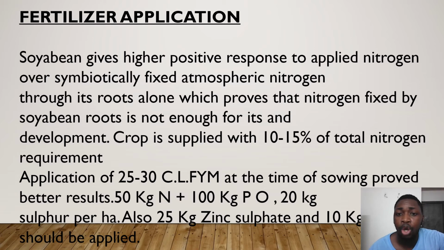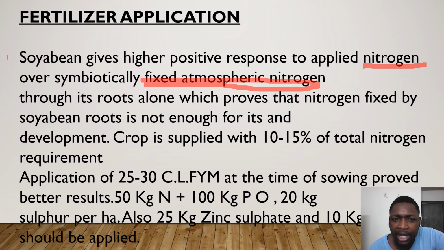Fertilizer application. Normally when we're applying soybean, we should apply farmyard manure first, then we can apply NPK fertilizers. So in this slide, we're simply saying soybean gives higher positive response to applied nitrogen over symbiotically fixed atmospheric nitrogen through its roots alone, which proves that nitrogen fixed by soybean roots is not enough for its development.